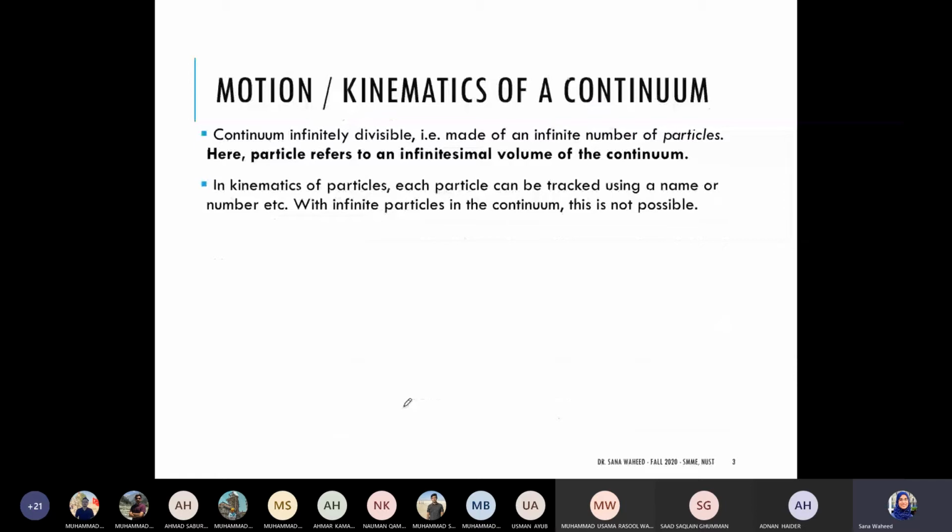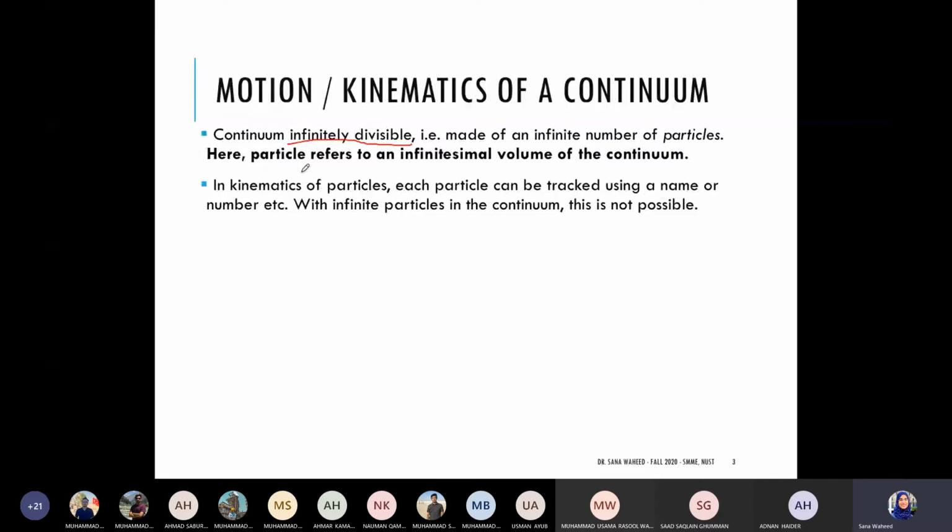So let's start with this problem. Now remember that in continuum mechanics we assume that our object or our body is infinitely divisible. Meaning, you can keep cutting it into smaller and smaller pieces, right? So that basically means that we have an infinite number of particles.